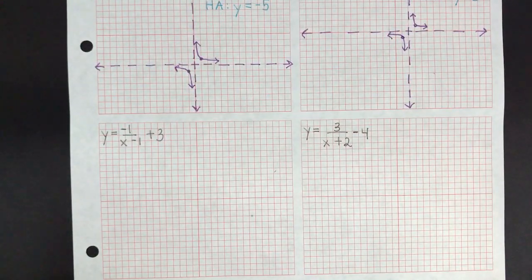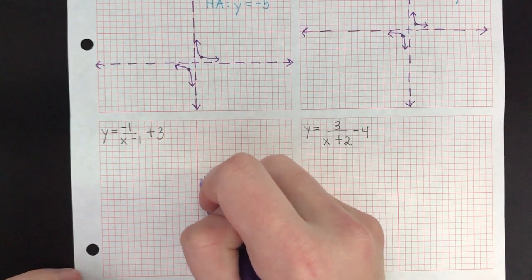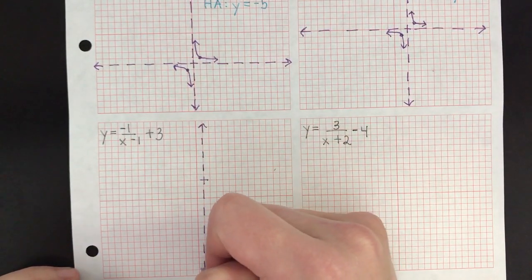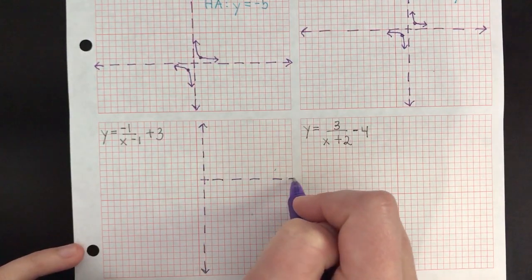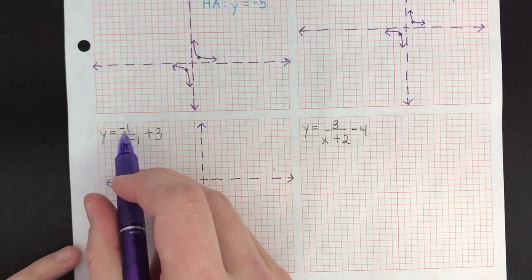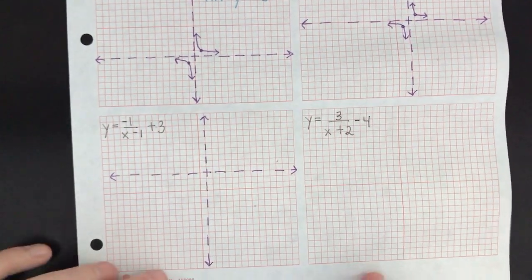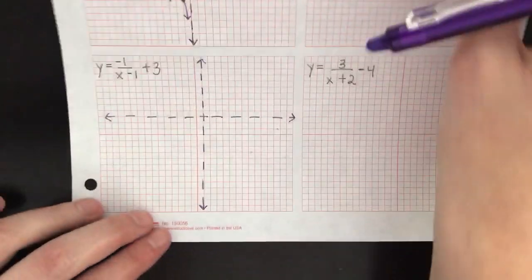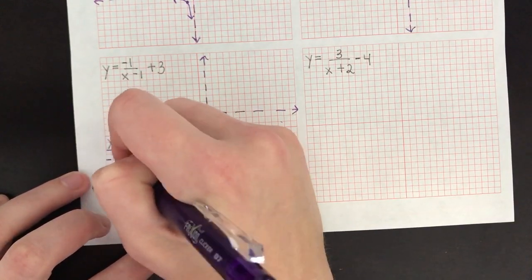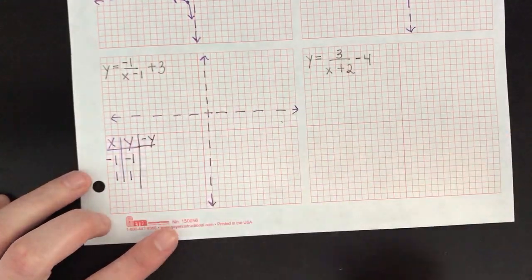All right, let's look at this next graph. So here we have a right 1 up 3, right 1 up 1, 2, 3. Right away I'm plotting those asymptotes. And then you noticed right 1 up 3, that negative in front of the 1 in the numerator of the fraction. That negative makes the graph, as we've been doing all year, reflect over x. So you need to take your original x and y values, which were (-1, -1) and (1, 1), and you are going to multiply your y values by -1.